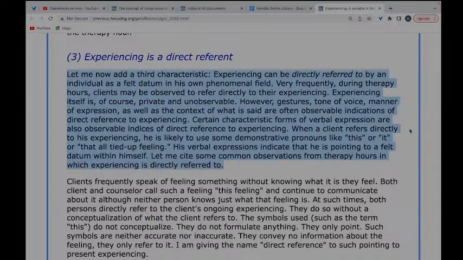And from the outside, of course, this is something that's going on internally within somebody, but there are signs that that's what's going on from the outside. Gestures, tone of voice, manner of expression, particular things that are said.